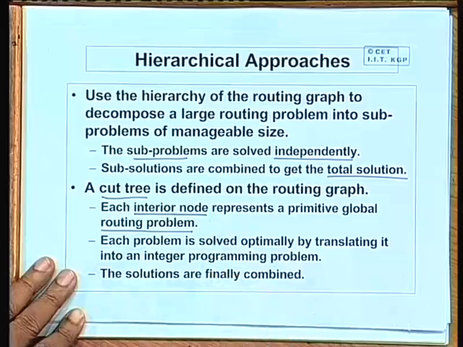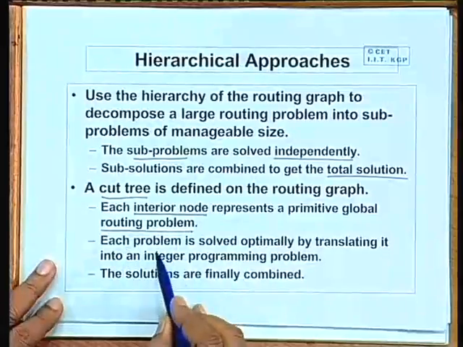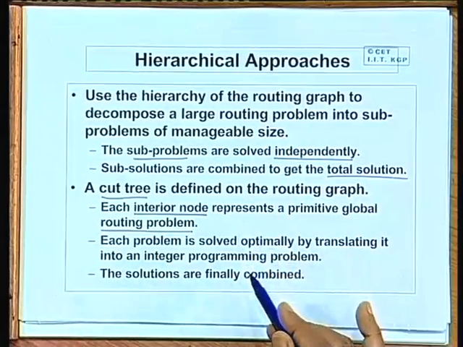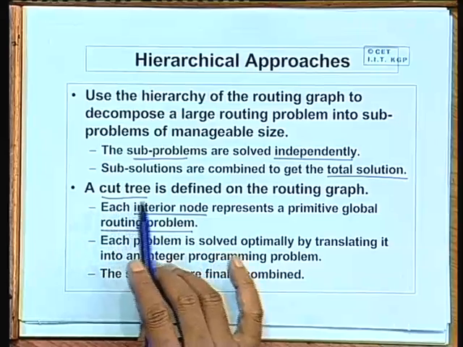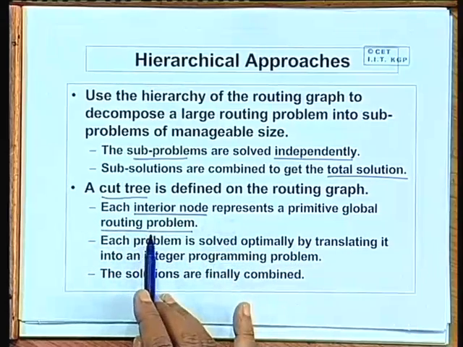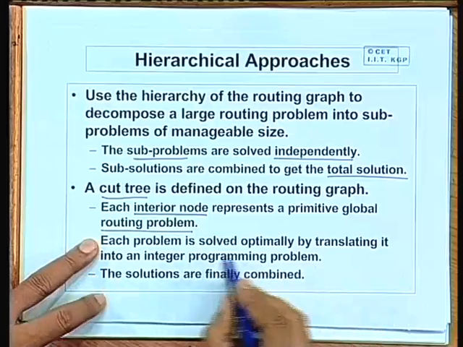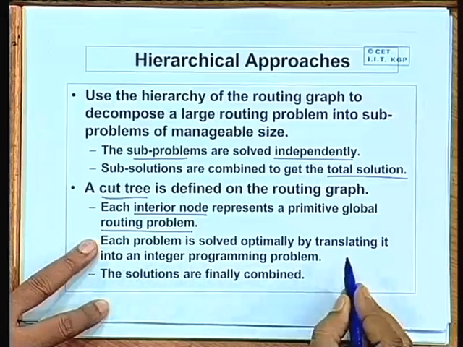In this case the nodes of the tree indicate the routing problem; I am not partitioning the blocks, I am partitioning the routing problem. The idea behind the hierarchical approach is that you divide the total routing problem into smaller routing problems and you try to solve each of the smaller problems optimally.